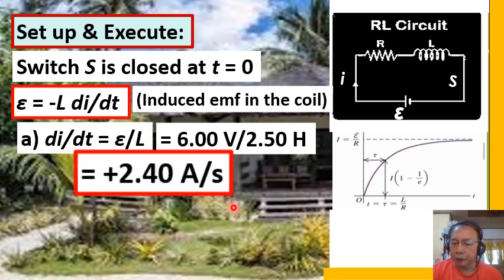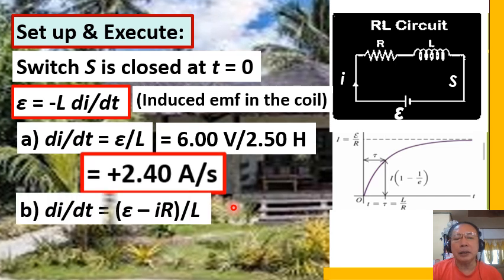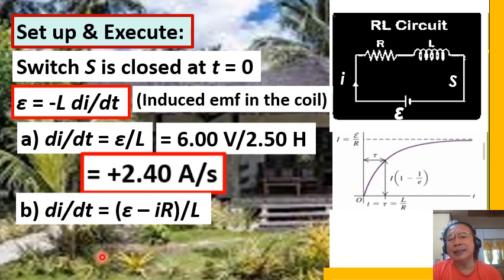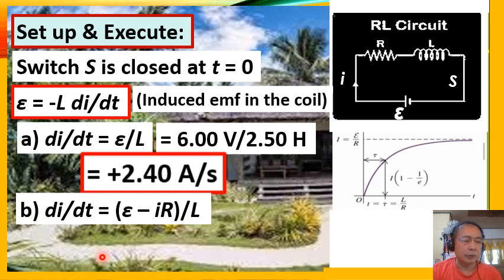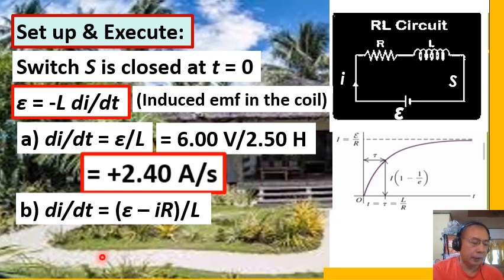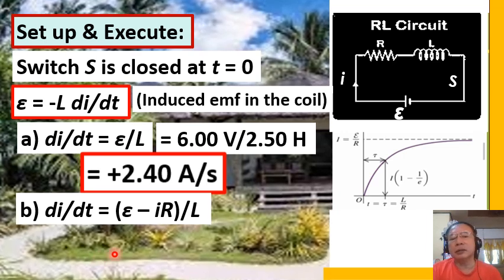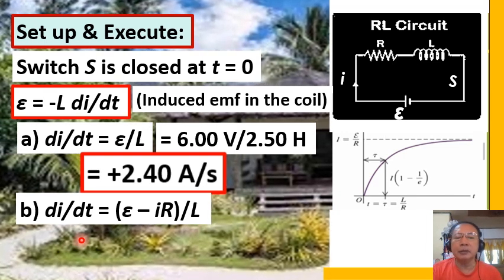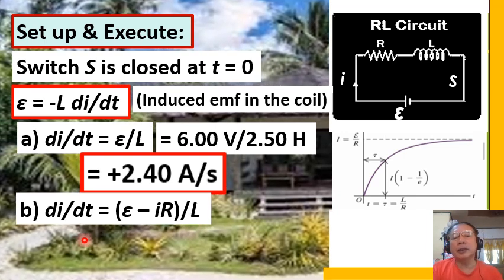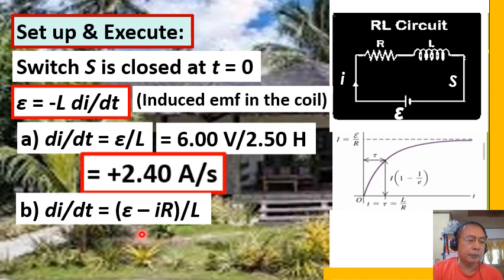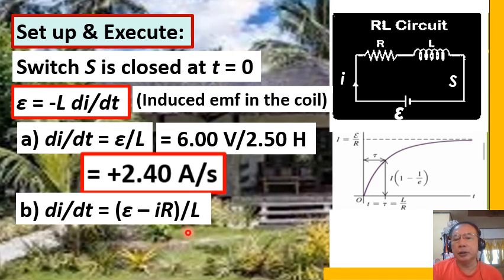Now, for part B, where we are also asked to find the rate of increase in the current at an instant when the current, small letter i, is equal to 0.500 amperes.